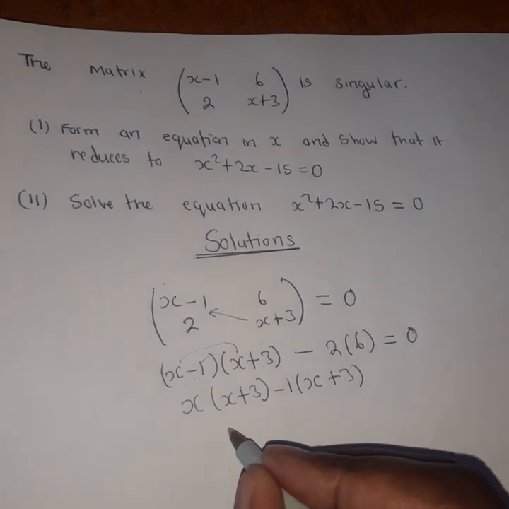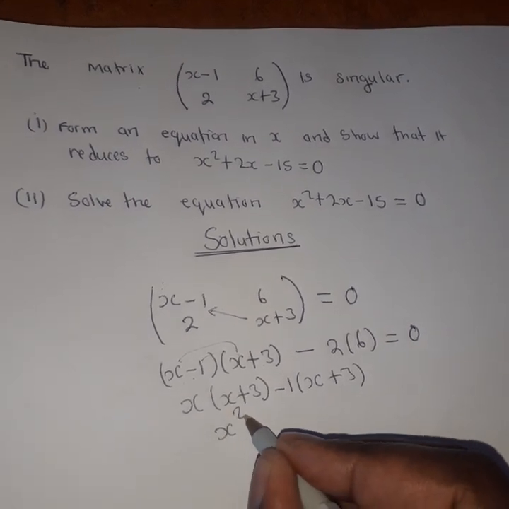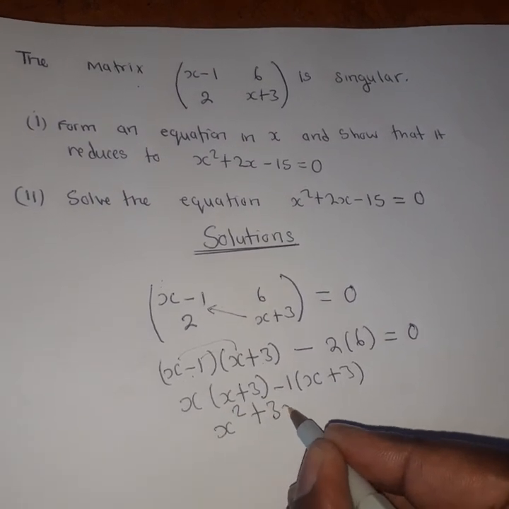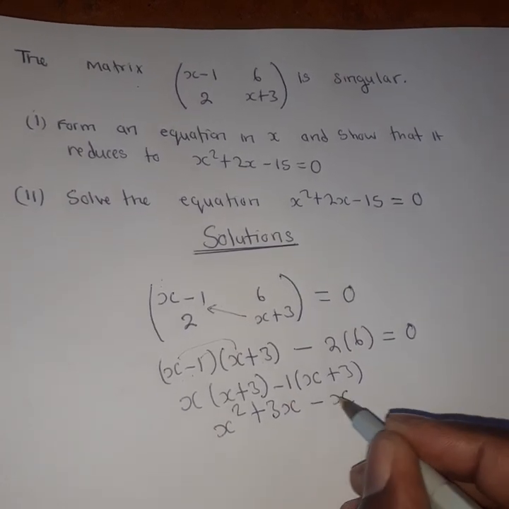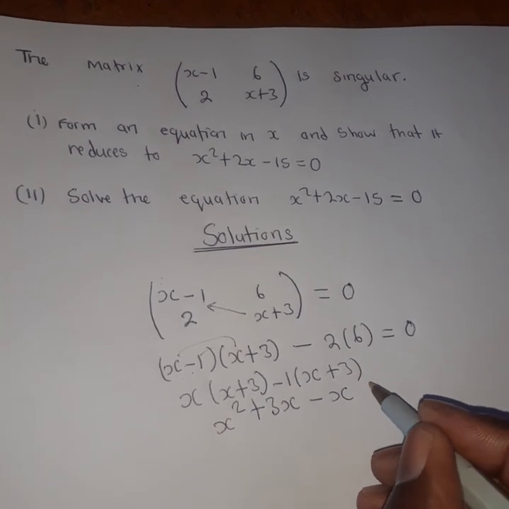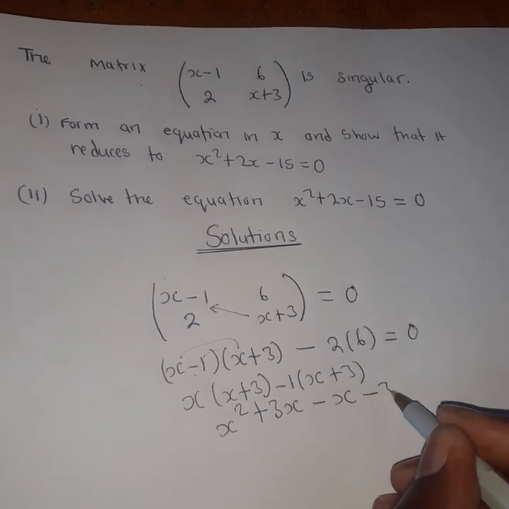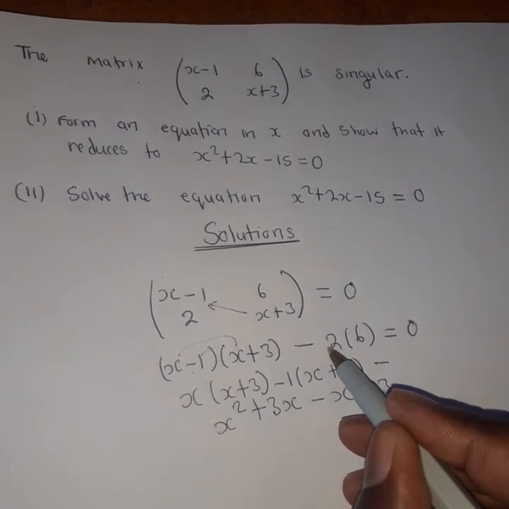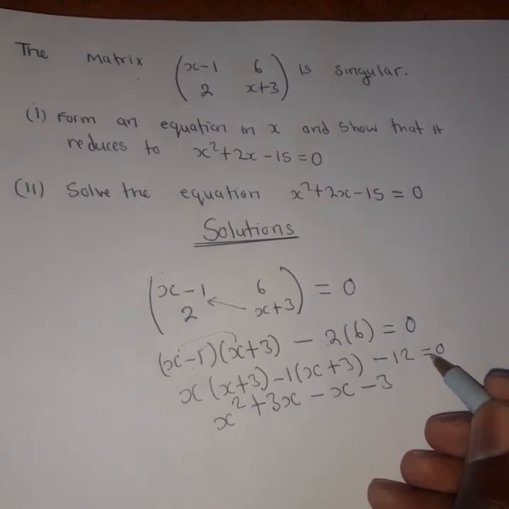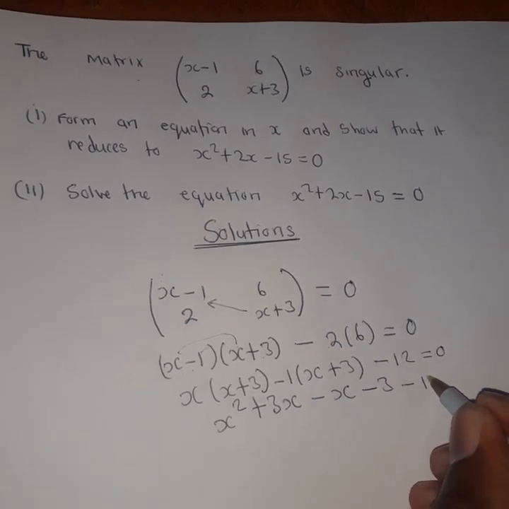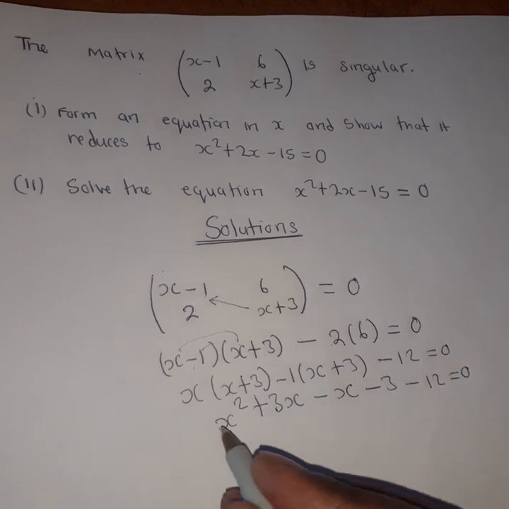So x times x, we get x squared, plus 3x, minus 1 times x, we get minus x, minus 1 times 3, we get minus 3. Here we have minus 2 times 6, we get minus 12 is equal to 0.